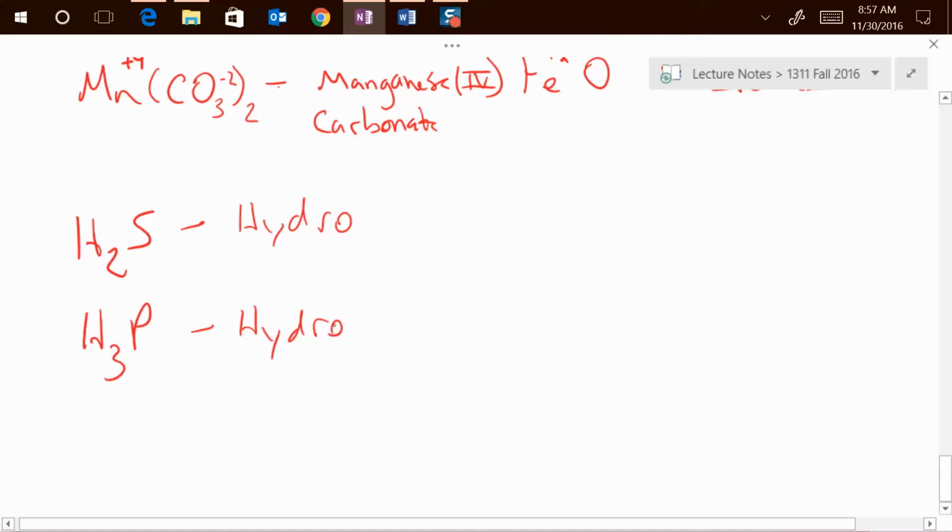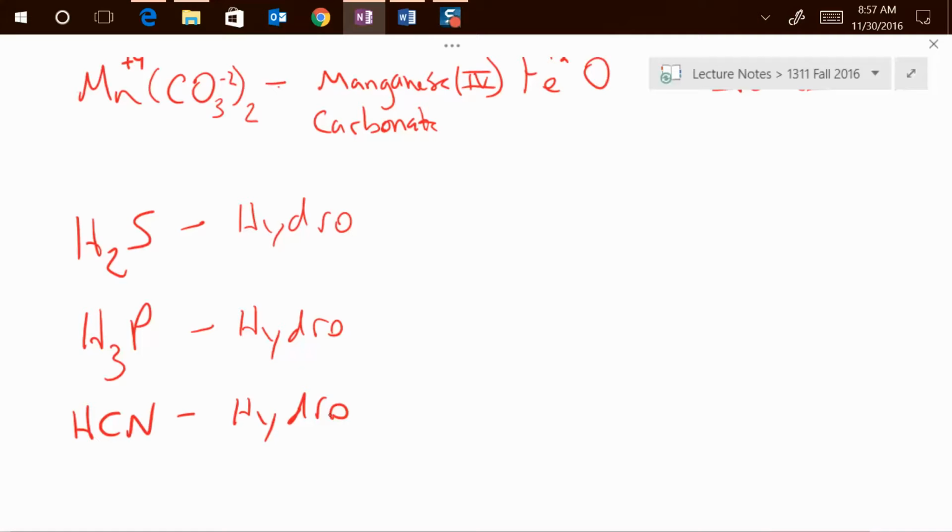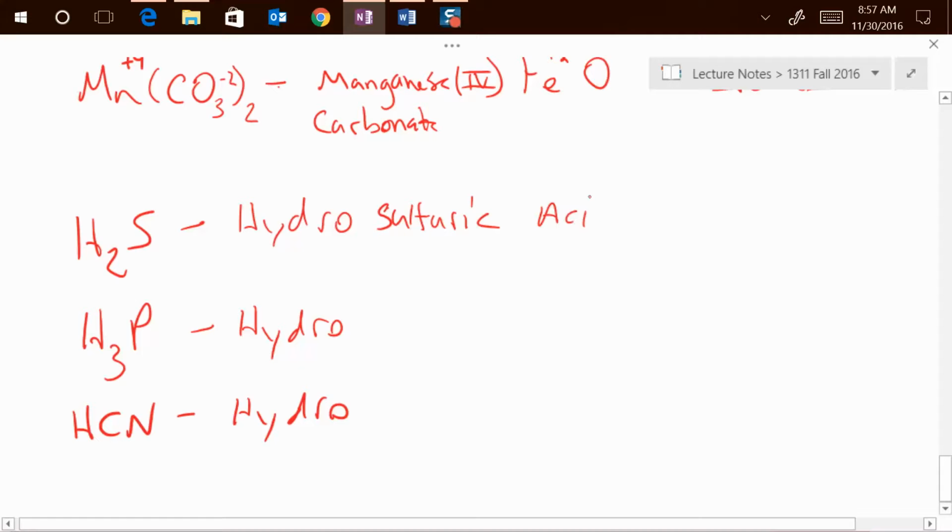So if there is no oxygen in the acid, you start it with hydro. And then you just say, so this is a sulfur acid, H2S. So I say hydrosulfuric acid. Hydro, what's the next one?